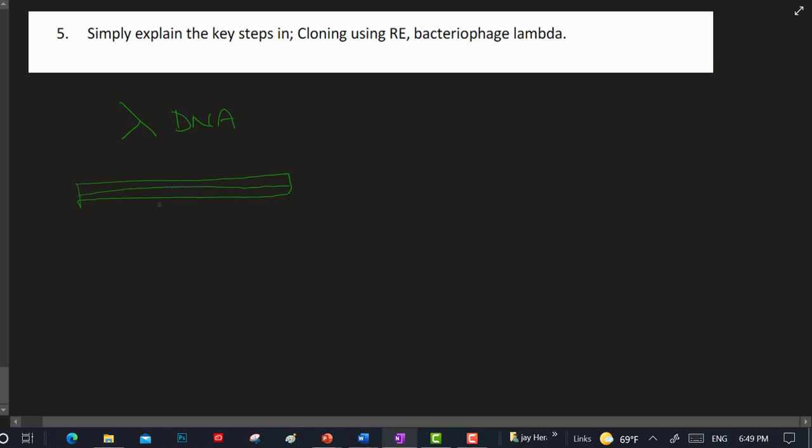What we need, actually, is to take the lambda DNA and keep the portion of the blueprint, the coding needed for the infection, but we can remove some of the other parts, right? So we cut with the restriction enzymes and keep a middle area open. It's probably about 50 base pairs, right?